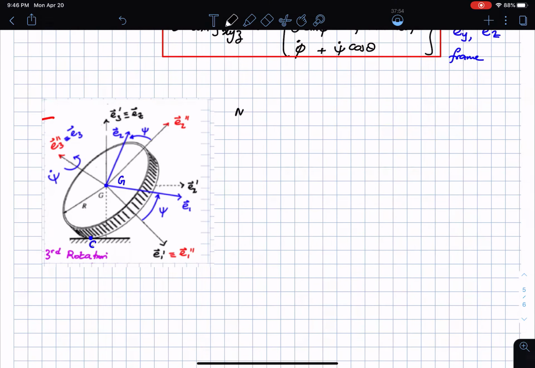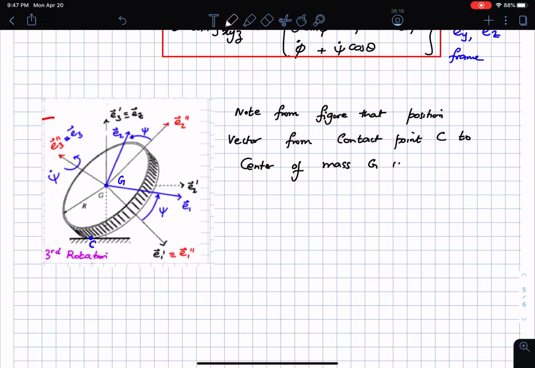So note from this figure that the position vector from contact point C to the center of mass G is directed along the E2 double prime unit vector direction, which means the position vector from the point C to the point G can be written as R times E2 double prime.